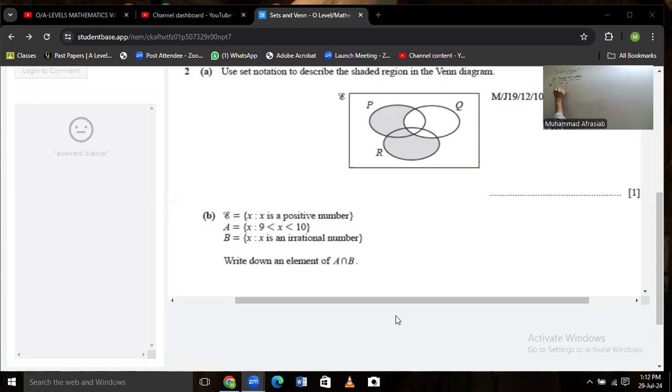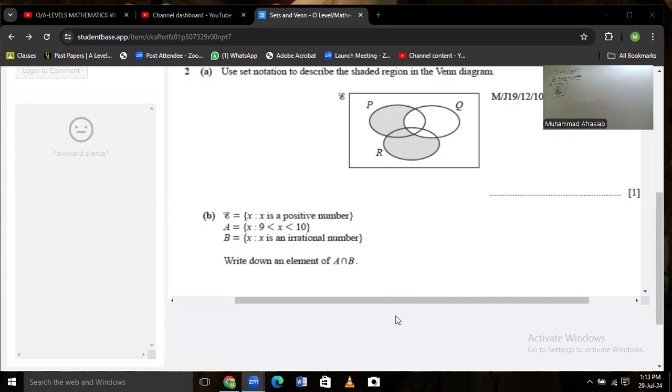Here they have shown it as P, this is Q, and this one is R, and this region is shaded there. That means except a few elements, the rest of the regions are this shaded part.